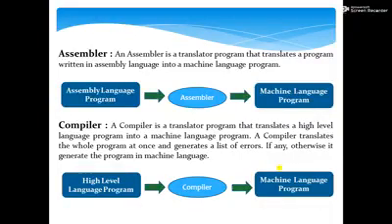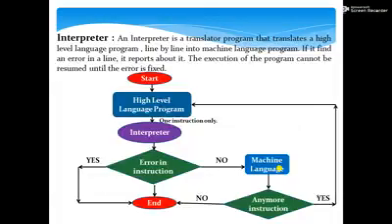Now let's discuss the last one, which is the interpreter. An interpreter is a translator program that translates a high level language program line by line into machine language. Unlike the compiler, an interpreter reads only one statement of the program at a time. When a compiler reads the complete program at once, an interpreter reads a program line by line and translates it.